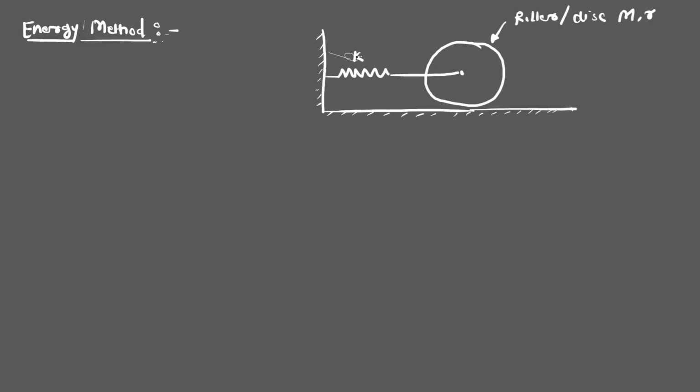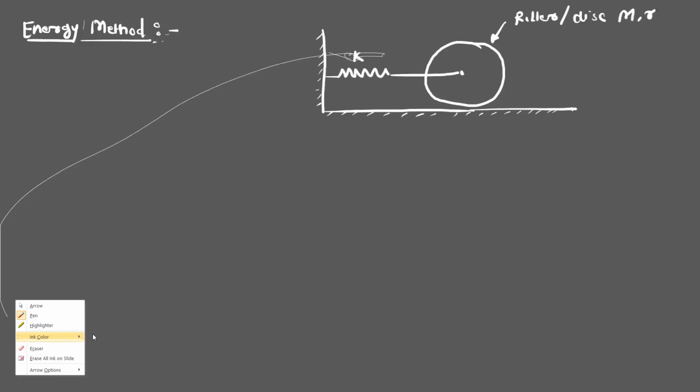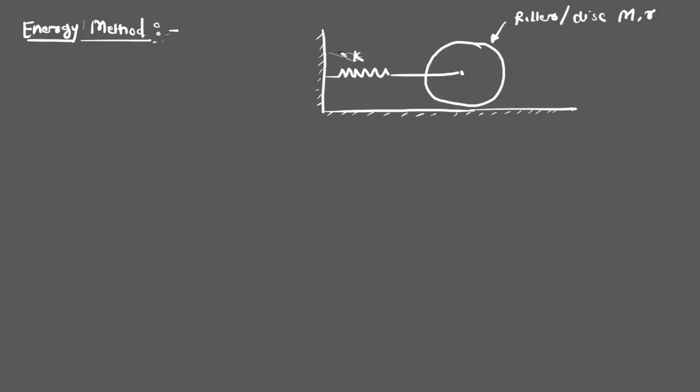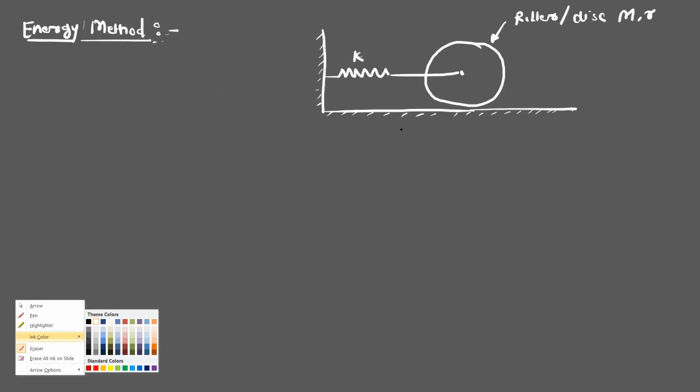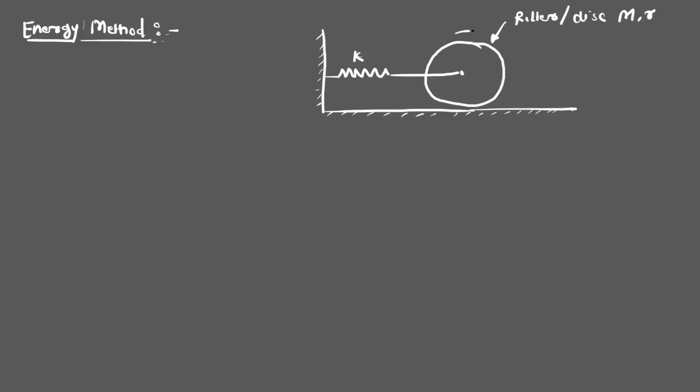If you apply a force or torque on that disk, and remove that force or torque after some initial displacement, so assume you are applying some torque in the clockwise direction only at the initial condition.